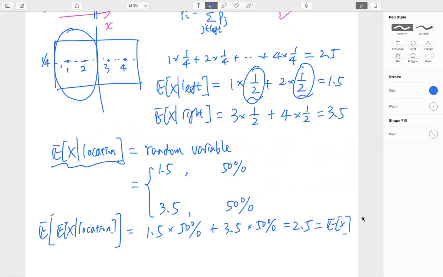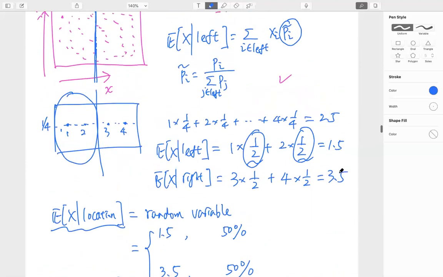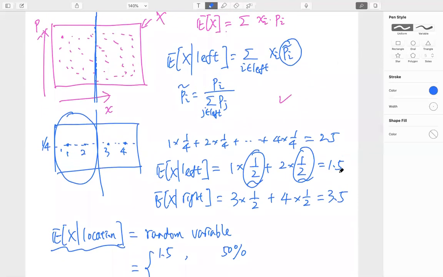So if you go backwards to see the true meaning of conditional expected value, you basically look at the entire picture part by part. Here I look at the left, I look at the right-hand side, and then I combine them together. It's all about how you average. At the beginning, we average over each point, and the weight is relative to the entire world.